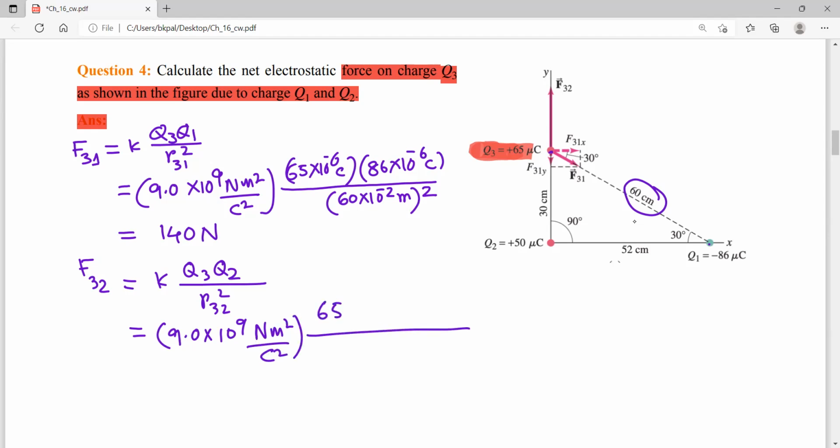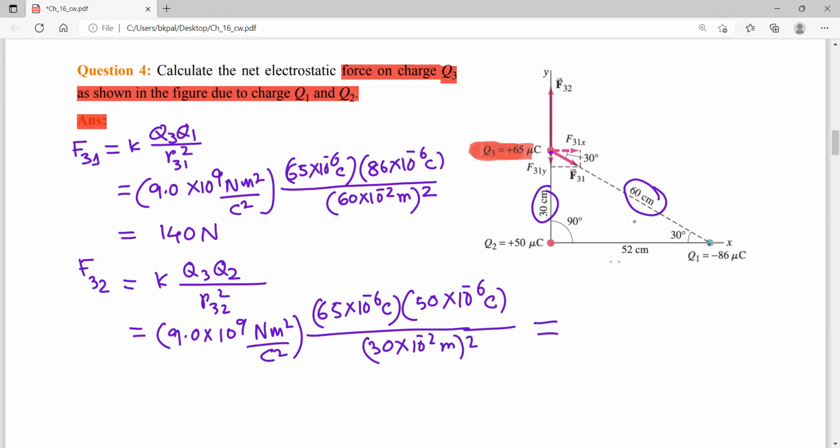Q3 is 65 microcoulomb, and Q2 is 50 microcoulomb. The separation between Q3 and Q2 is this one, 30 centimeters. So 30 times 10 to the power minus 2 meter, and then square.